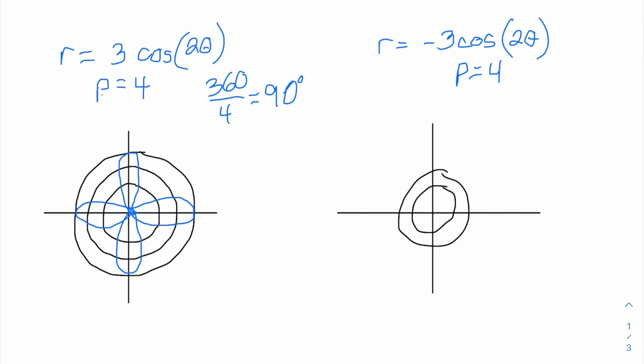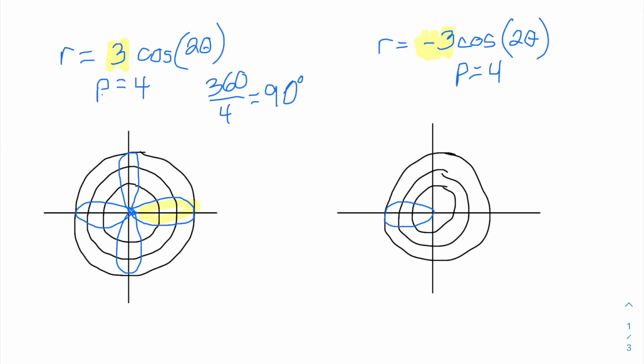Sorry, that first one was pretty sloppy, but I think we probably get what we're going to do here. I just want to give us a little bit of a guide so we can draw it out quickly. If we have a positive 3, we start out to the right. With a negative, we can think of it as starting out to the left.